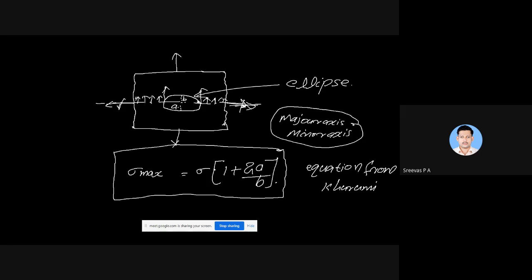If the ellipse is replaced by a circle, what will be the difference? If it is a circle, will you have a and b? You have only one radius, right?